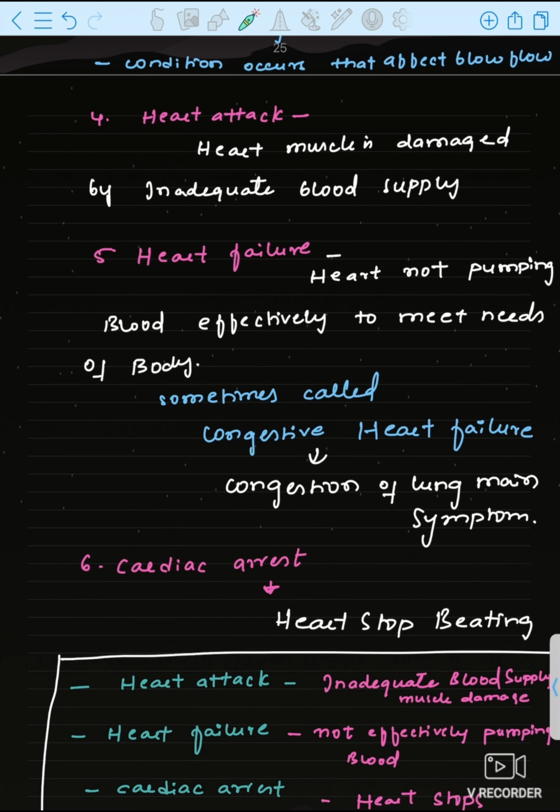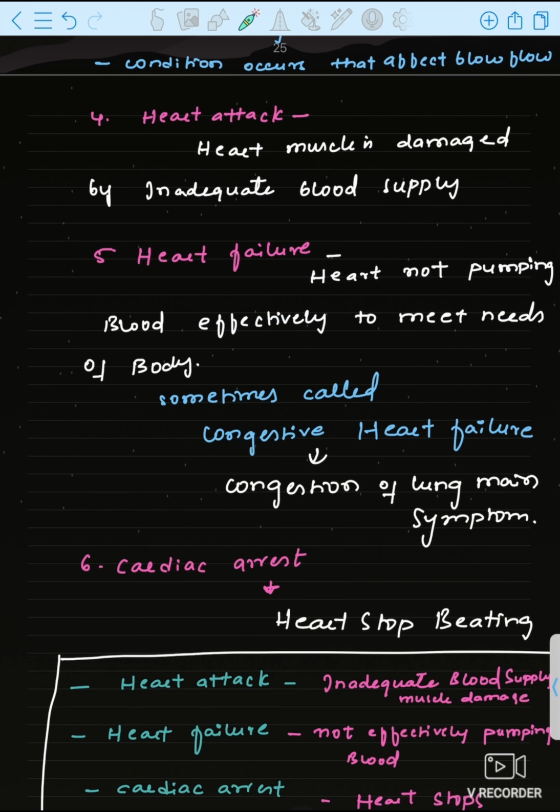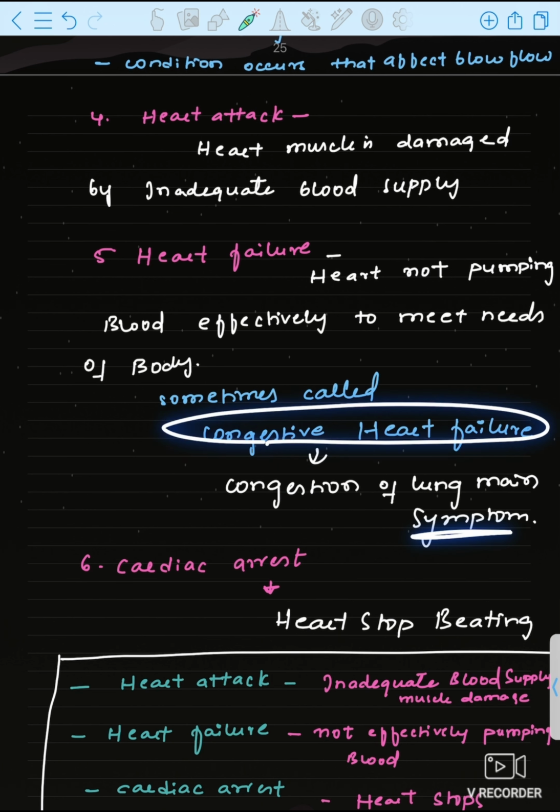Pumping of the blood. Now failure, it is failing its activity. Okay, that is why heart failure means heart is not pumping the blood effectively to meet the need of the body. Sometimes it is called as congestive heart failure. Why? Congestion of lung is the main symptom. That is why congestive heart failure.